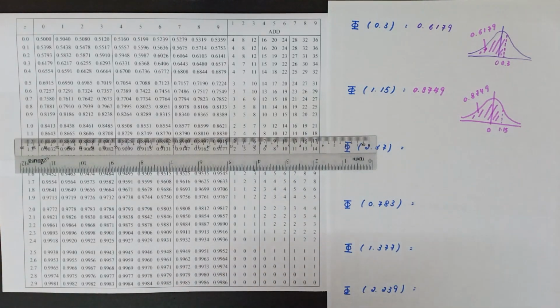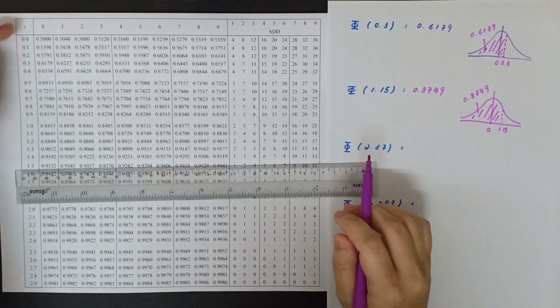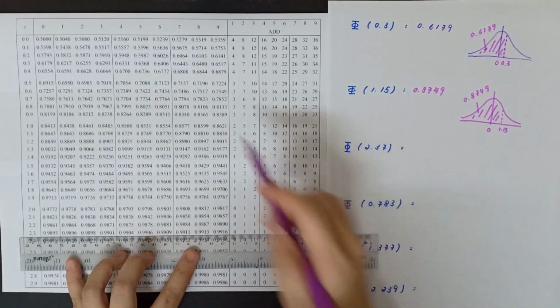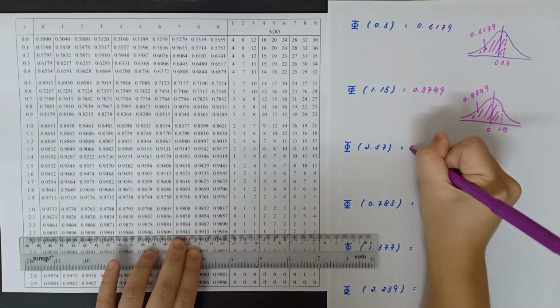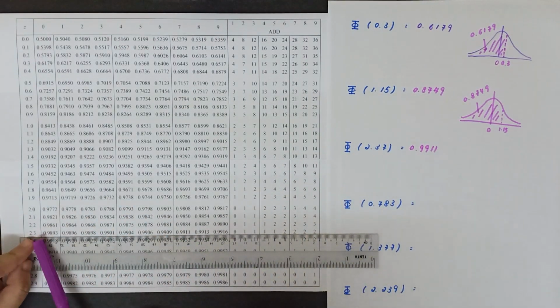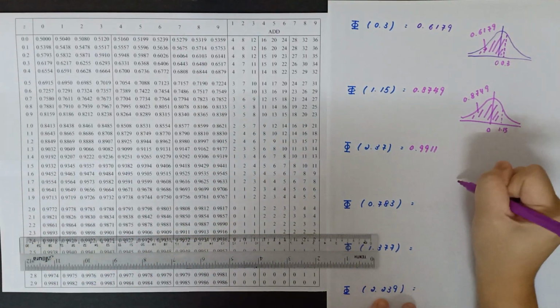Alright, now move on to the next one, 2.37. Same thing, you find 2.3 here, then 7. So 0.9911. Is that okay? 2.3, then 7. So 0.9911. What does that mean?